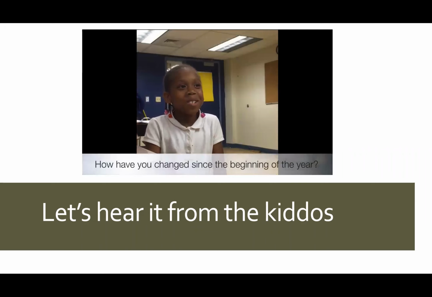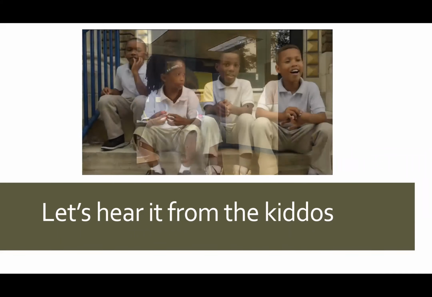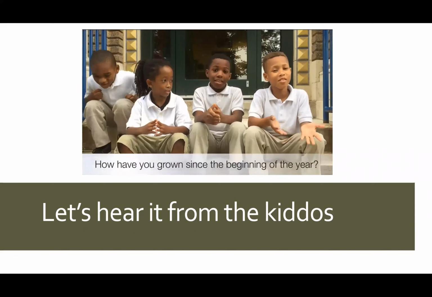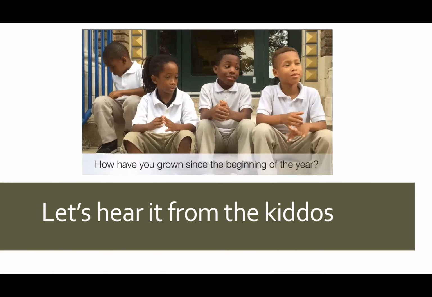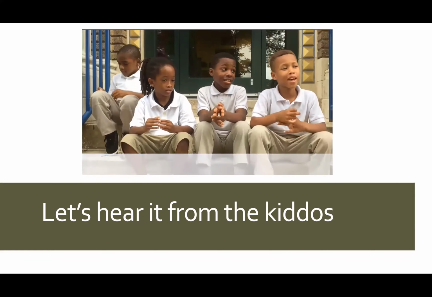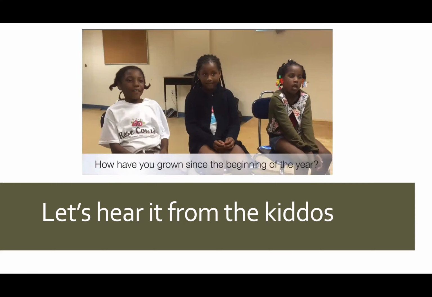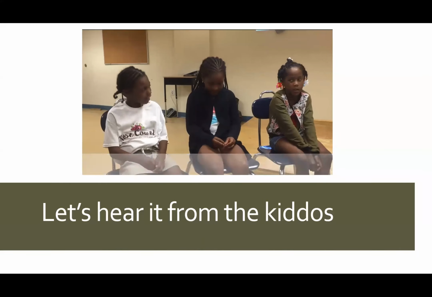How I've changed was, at first, I was actually on a first grade reading level, and now I'm on a fourth grade reading level. I wasn't a good reader, but I still did it, and I became great. At first I didn't know my multiplication, but now I do. And what helped you? Skip counting and break addition.